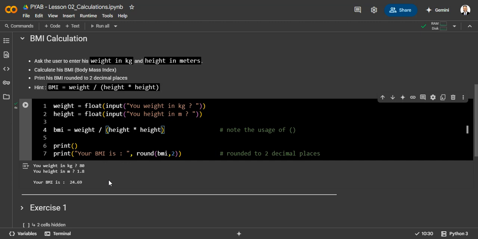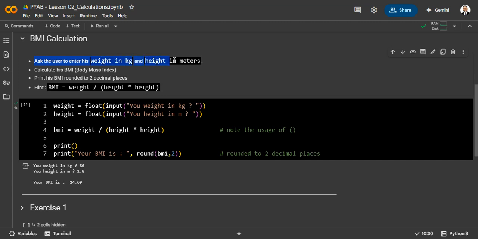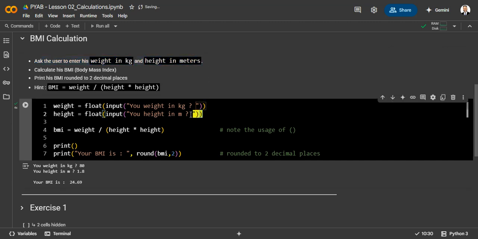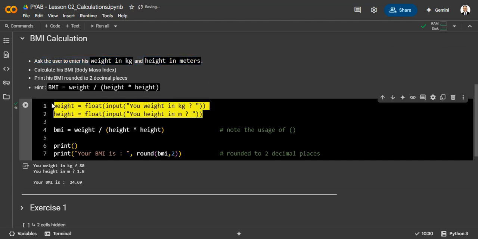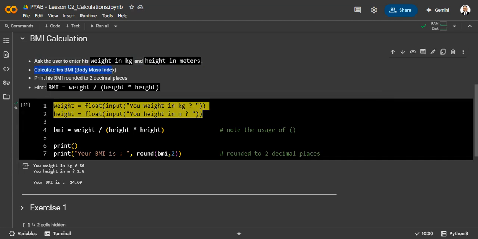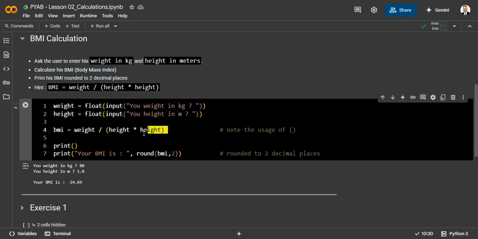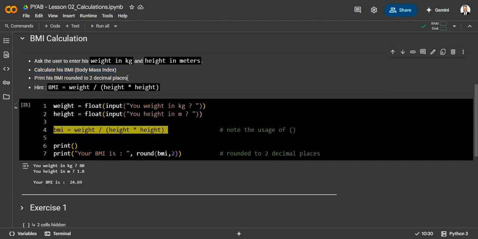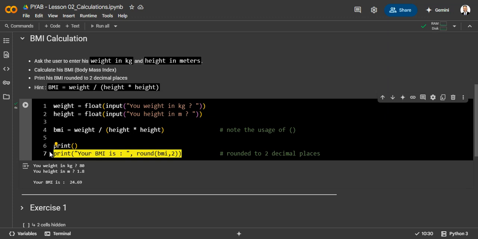That is the BMI calculation. So when a question is given like this, you read the question one by one and do the commands one by one. When they say calculate, you also do calculation. When they say print to 2 decimal places, you also print it to 2 decimal places.